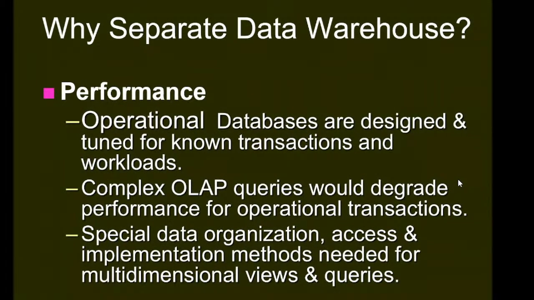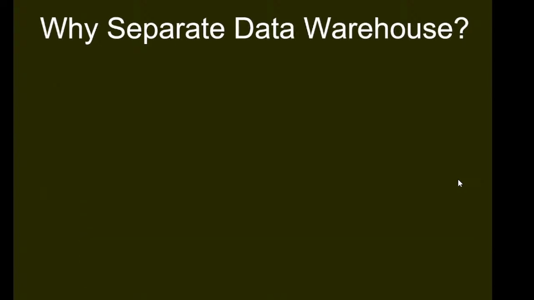Then special organization, special structures, and special implementation methods are required to view the data for different purposes, from different angles, with different designs. So in order to overcome these difficulties, we separate the warehouses from the databases.